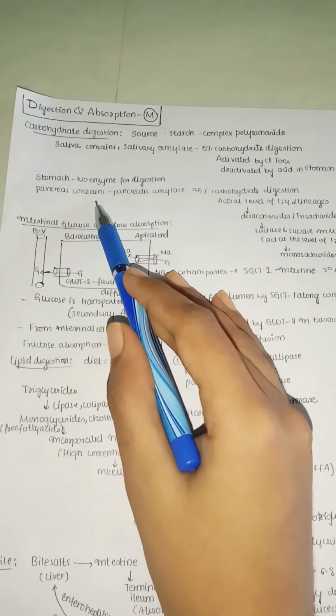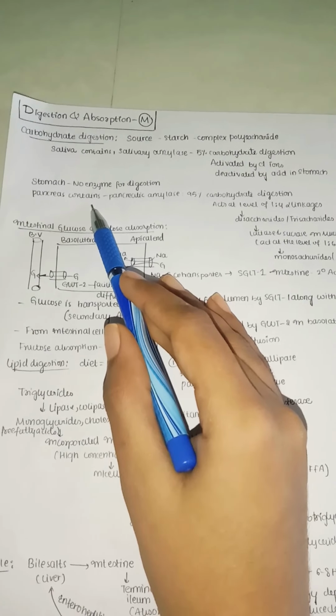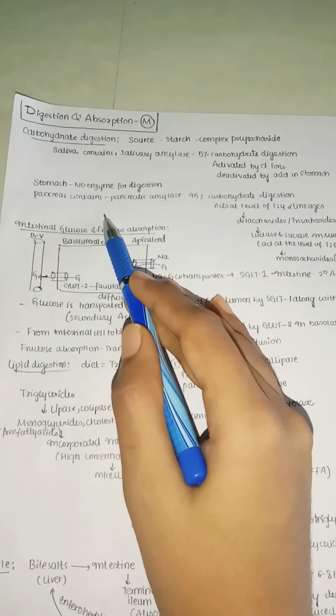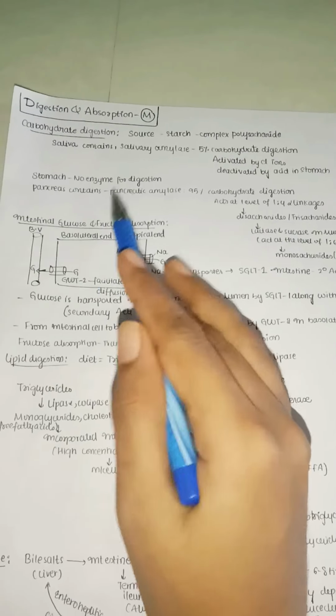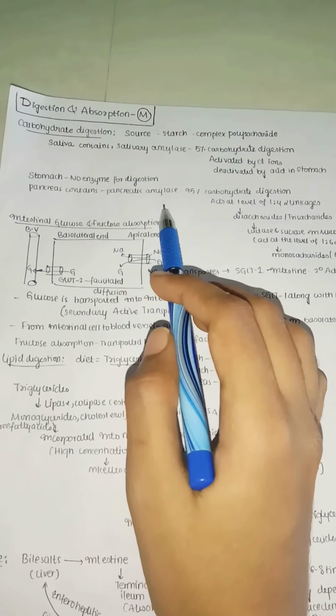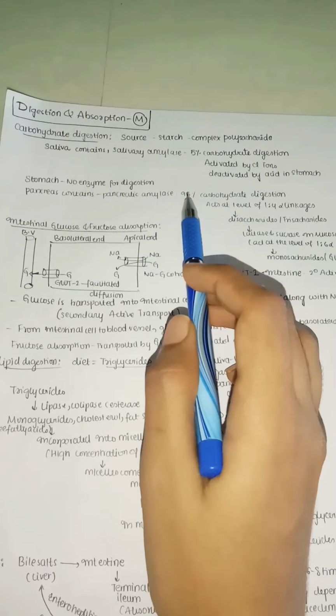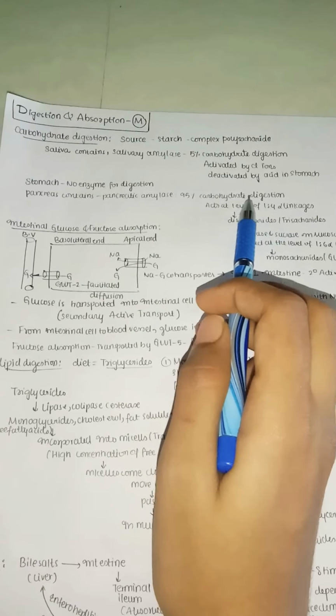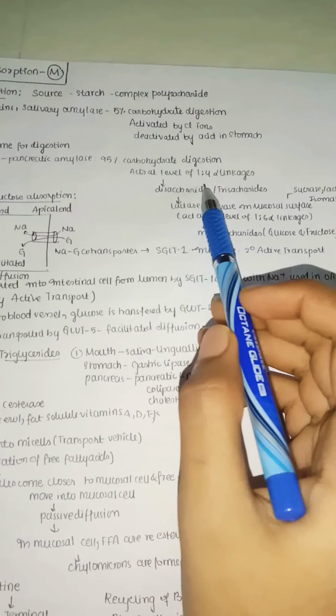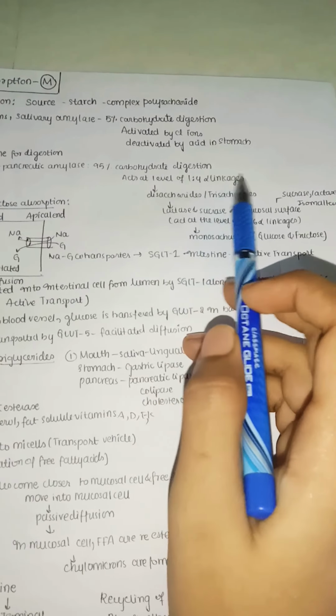And coming to the stomach, as we already discussed, there is no enzyme for digestion of carbohydrate in the stomach. Next, the pancreas contains pancreatic amylase, which is the major important one and leads to 95% carbohydrate digestion, acting at the level of 1:4 alpha linkage.